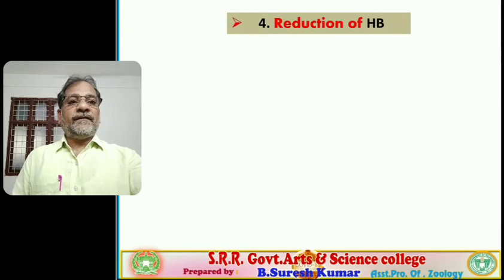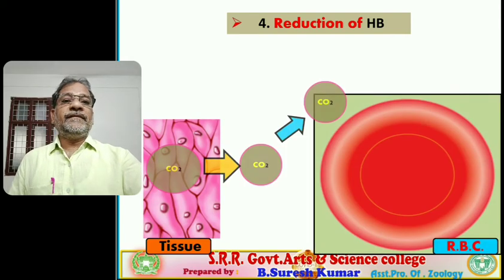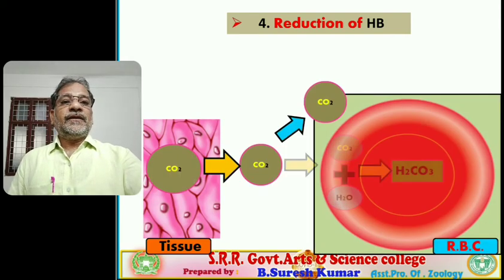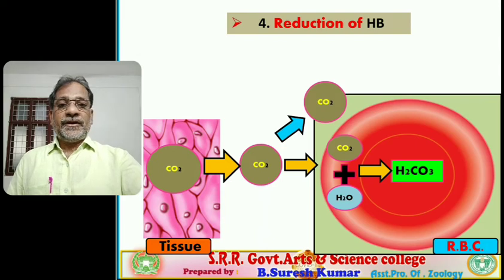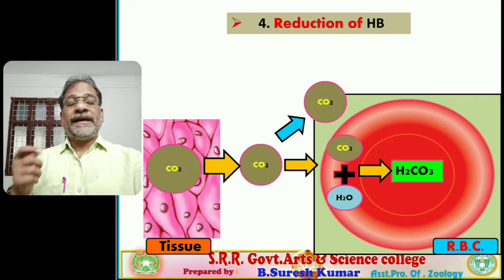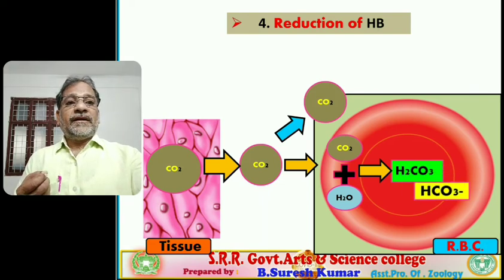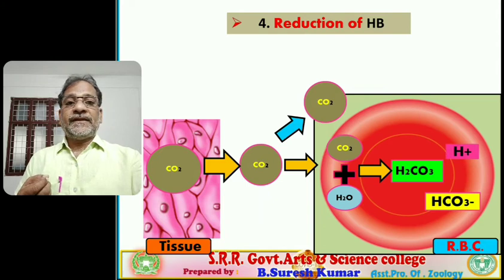Right. Next, the fourth event is the reduction of hemoglobin. Observe tissue and RBC. The hemoglobin molecule is present in the erythrocyte. Now the hemoglobin molecule is going to undergo reduction, meaning it is capable of accepting hydrogen ions. HCO3 minus ions and H plus ions are there.